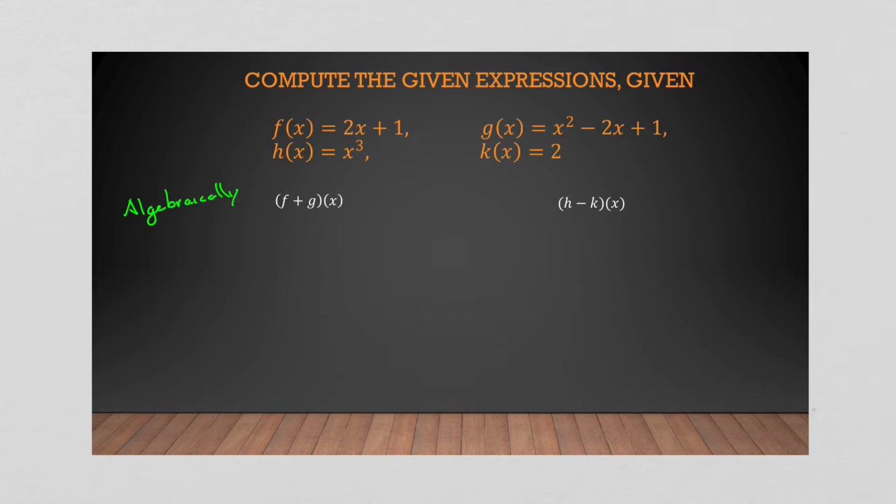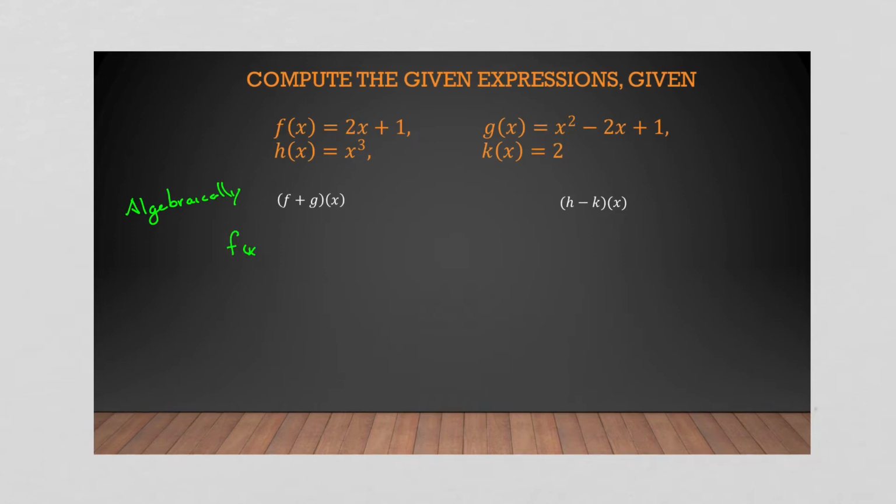So f plus g of x means f of x plus g of x, which in this case means 2x plus 1. And sorry, you'll see in the next slide. We can't do these piecewise because we don't have a value for x. So we will see those later. 2x plus 1 and then plus g of x, which is x squared minus 2x plus 1, and now we add them together.